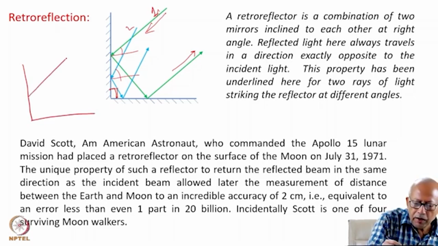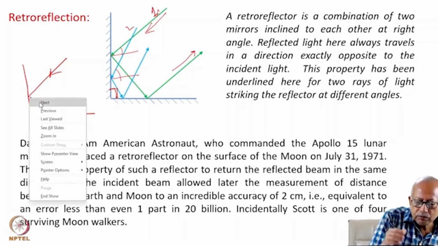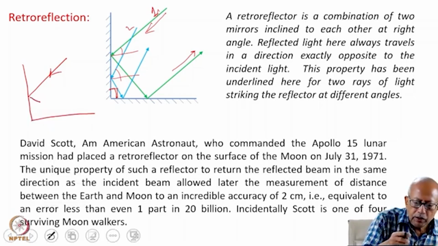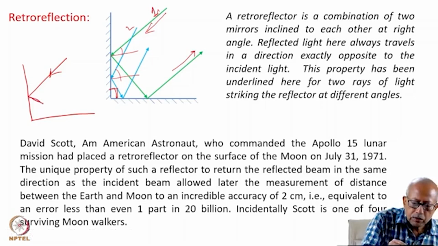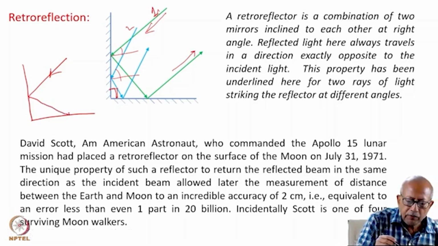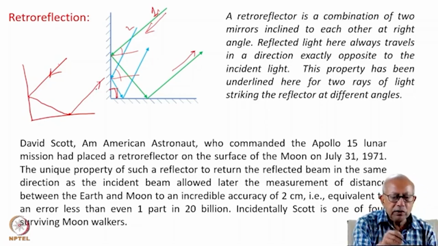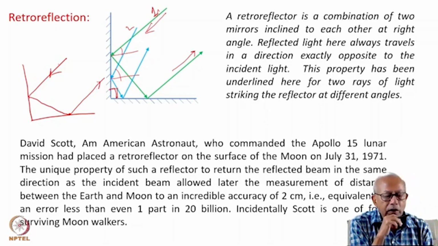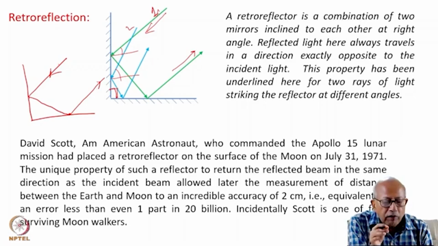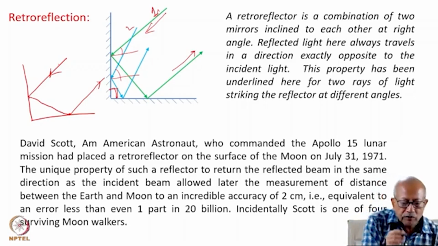Suppose a ray of light falls on this mirror. After the reflection, it strikes the second mirror. At this point, it will be again reflected. Basically, we have to prove that the incident ray and the reflected ray are parallel. Then only will the reflected ray travel in a direction opposite to the incident ray.